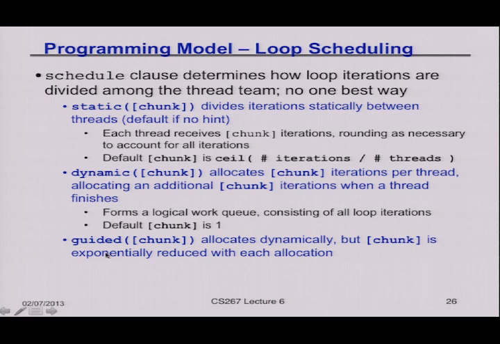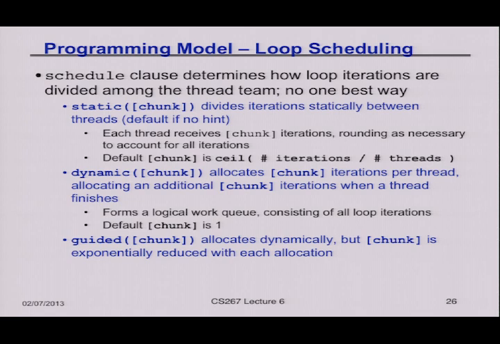And so the last choice has this clever idea, which is called guided scheduling. The idea here is that at the beginning, you hand out big chunks, and then gradually, as you hand out more work, you give smaller and smaller chunks. So at the beginning, you get a big chunk of work to do, and so it doesn't take much time to go get it, and you're busy for a long time. But gradually, every time you get work, you get smaller and smaller chunks, so it'll probably balance out.